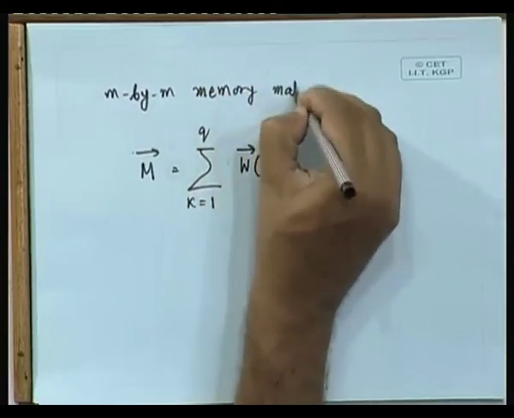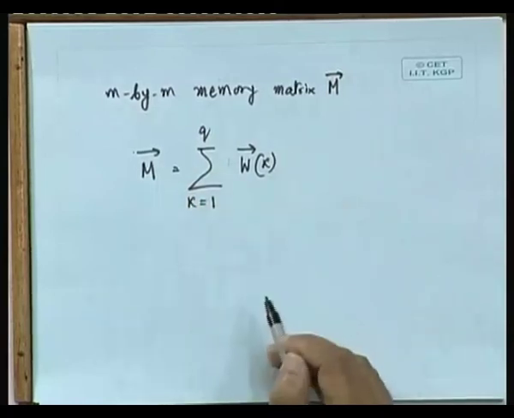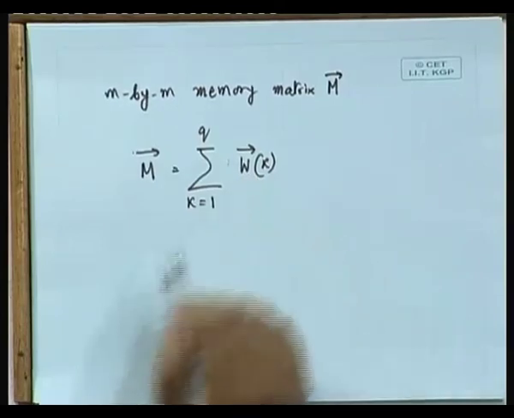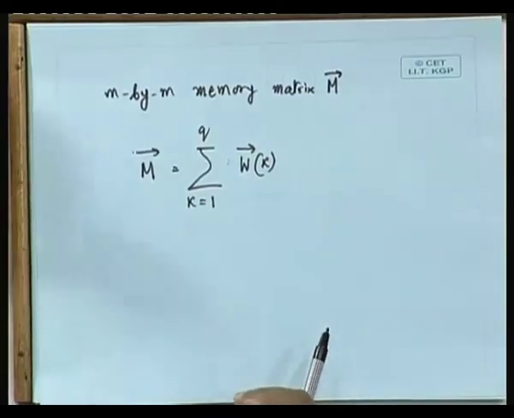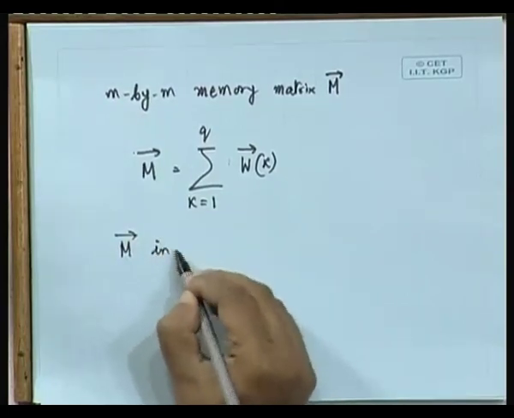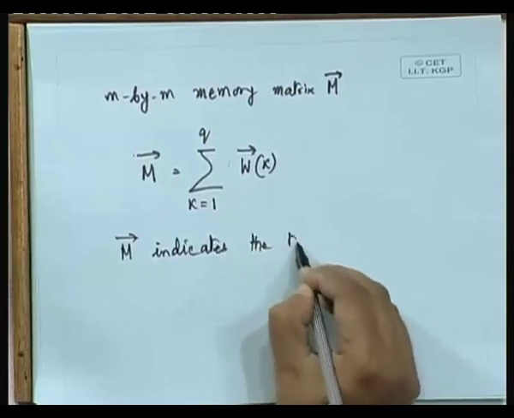Its definition is that it indicates a summation of weight matrices. In effect, this M matrix indicates the total experience gained out of Q different patterns.